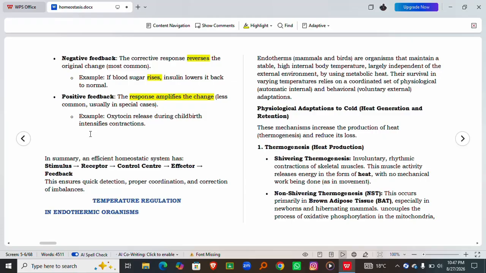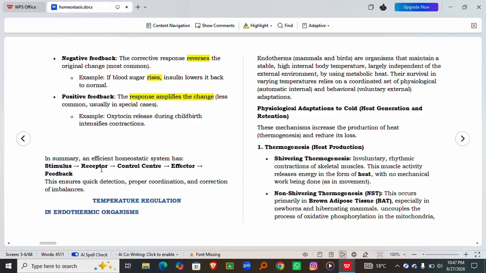So in summary, an efficient homeostatic system should have a stimulus, and a receptor that is going to detect the stimulus. Then it should send information to the control center, which directs corrective measures that will be done by the effector organ.